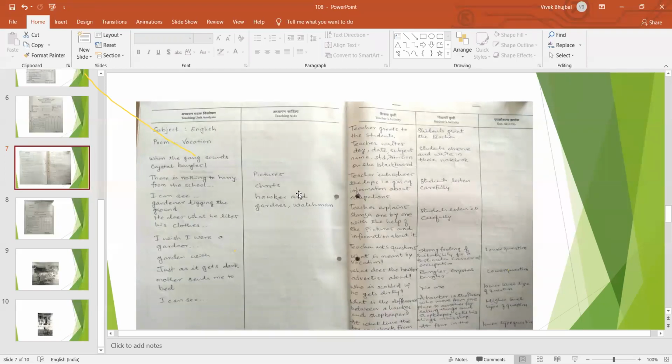The first question is, what does the hawker advertise aloud? Ma'am, he is selling bangles. Good, very good. Next question: what is meant by vocation? Vocation means occupation.